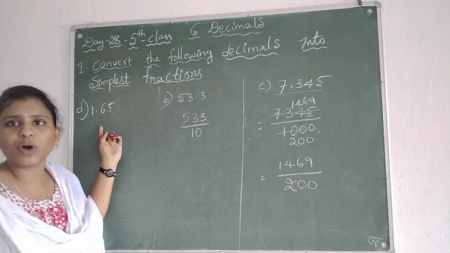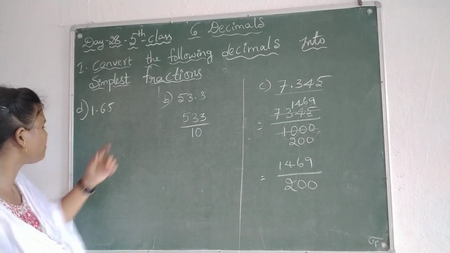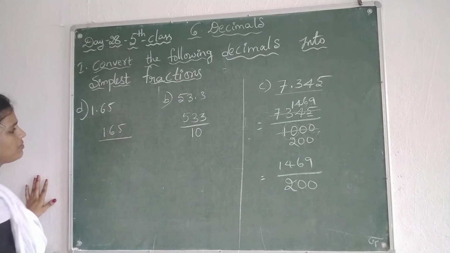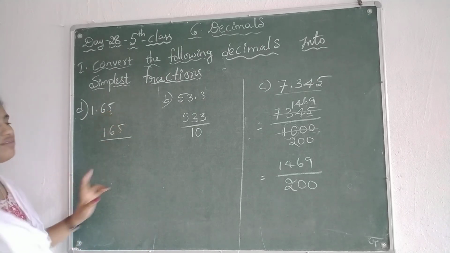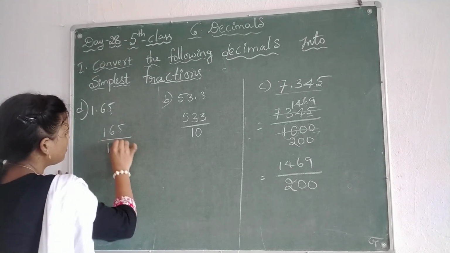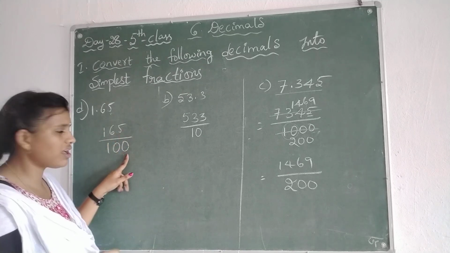See here 1.65. Take this number as a numerator. And in the denominator, here we are having 2 digits after the point, so 2 zeros number is 100. Here we have 5, here we have 0.